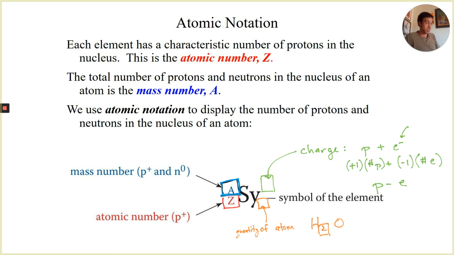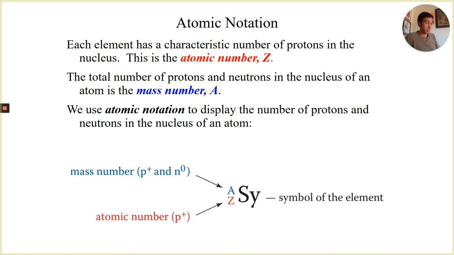If we simplify everything and clear it all away, when we're looking at our atomic notation, very commonly we do not see anything written in the upper right-hand corner because the charge is 0, which means the protons and electrons exactly cancel out.